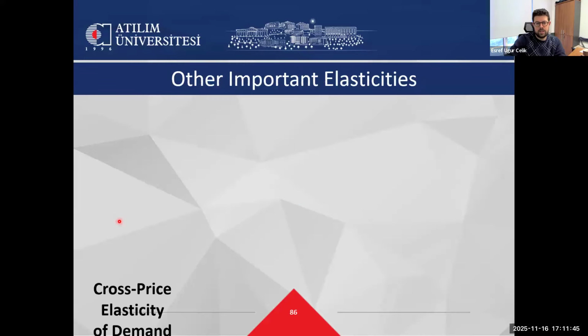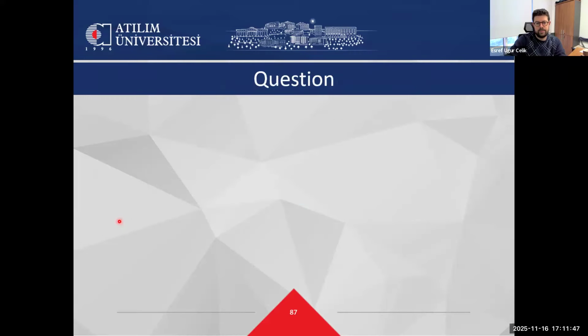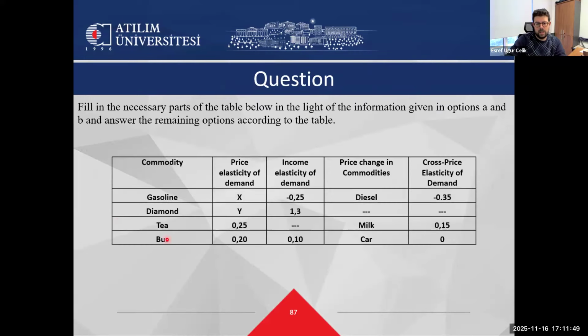Here, let's look at the question. Let's look at that table. I give the commodities: gasoline, diamond, tea, and bus. The first column gives the price elasticity of demand. Second one, income elasticity of demand. Then the changes in price for the commodities: gasoline, diesel. Diamond, there is none. Tea and milk. Bus and car.